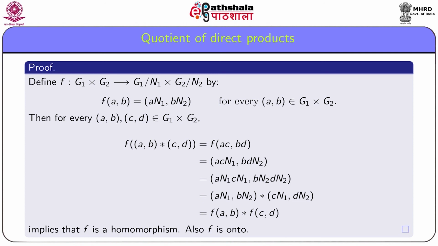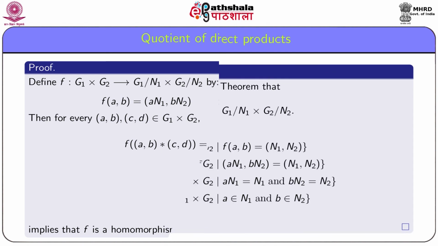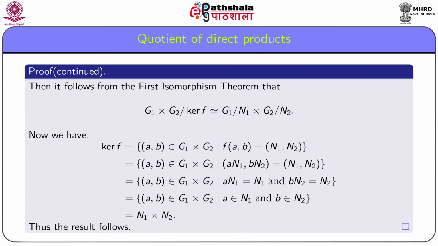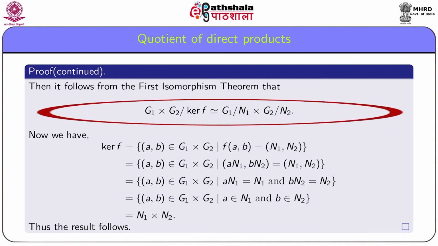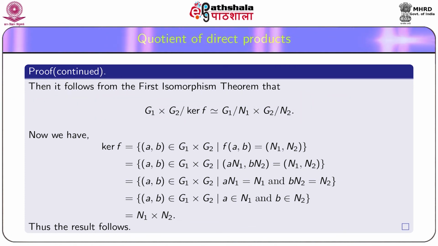Thus, the mapping f becomes a homomorphism. Also, it follows from the definition that f is onto. So, by the first isomorphism theorem we have G1 cross G2 by kernel f is isomorphic to G1 by N1 cross G2 by N2.